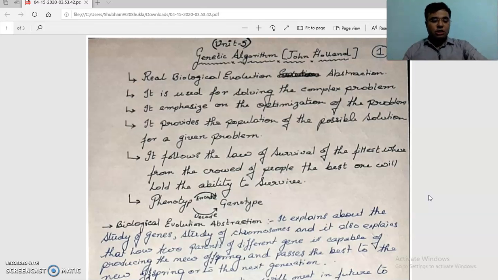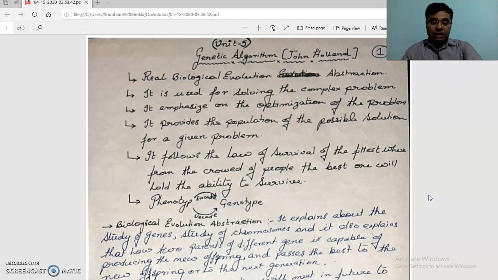Suppose we have two different sets of data present in the population, in the hypothesis space. In that particular population, we need to find the new optimized data after applying the genetic algorithm, and pass the best to the new offspring or to the next generation. Then the next generation must meet in the future to produce the best outcome, a much modified and the best solution.